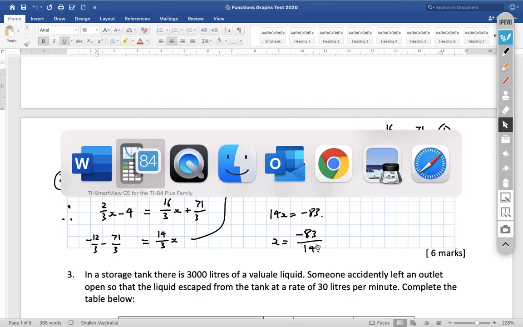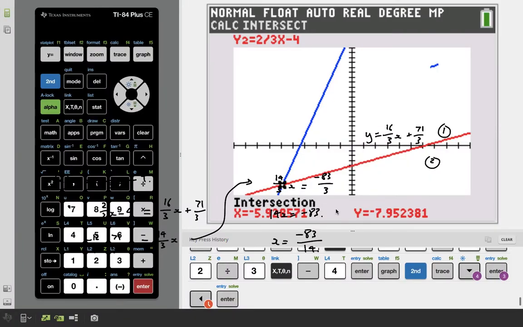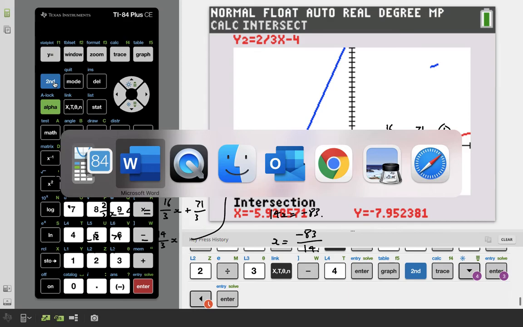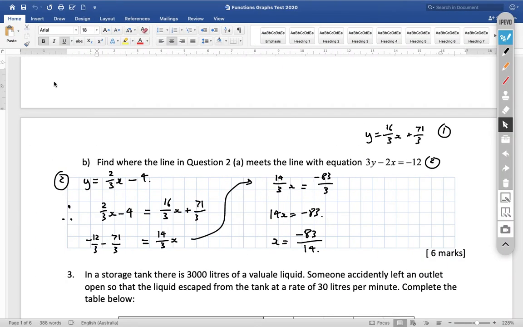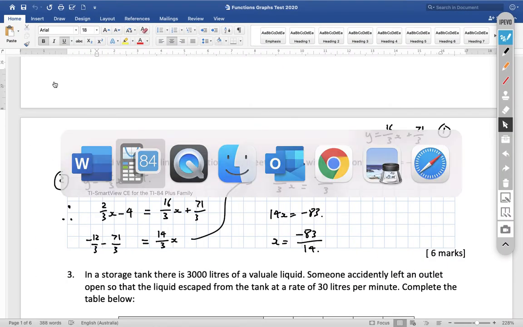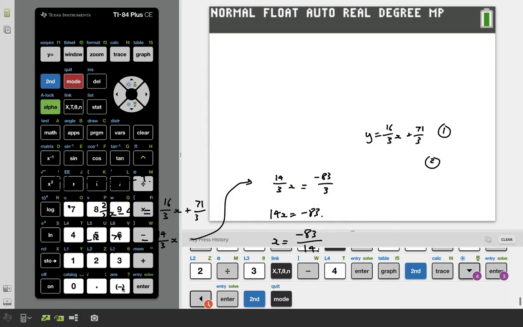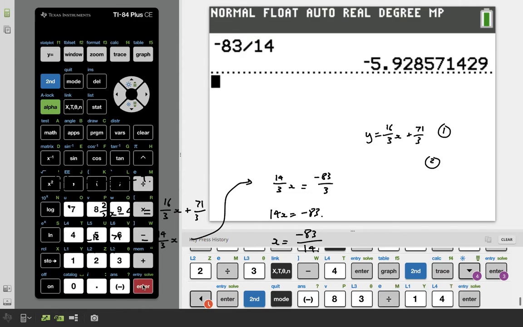Minus 83 on 14. Is it the same as minus 5.9? Let's have a look. Minus 83 on 14, wasn't it? Minus 83 on 14. Okay. Minus 83, divide 14. And can you see we got the same value for x?